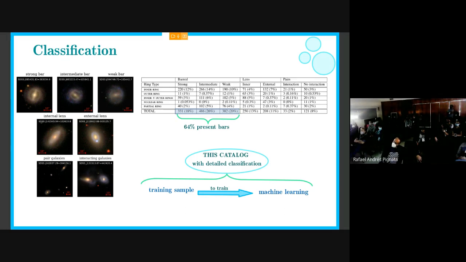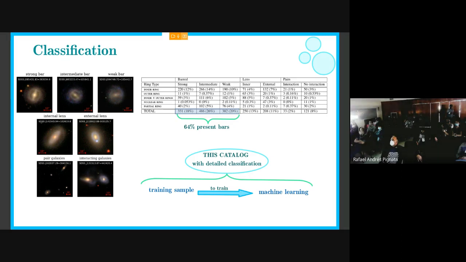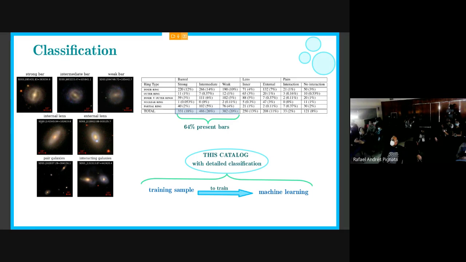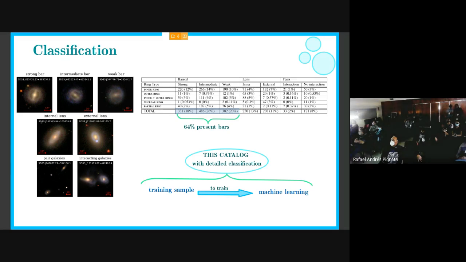And again, this table summarizes the principal results, and we highlight that a big number of ring galaxies also present bar structures, about 64%, indicating that both structures, rings and bars, in spiral galaxies could have a similar formation process.